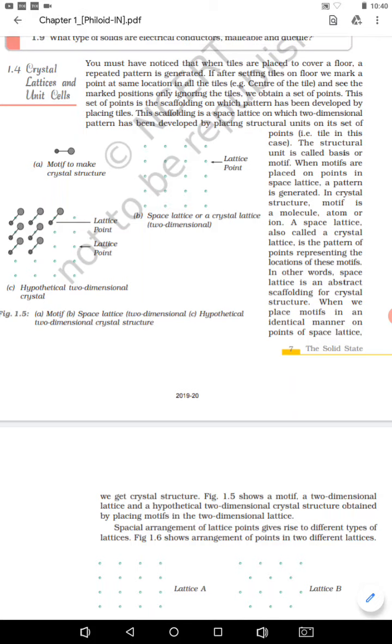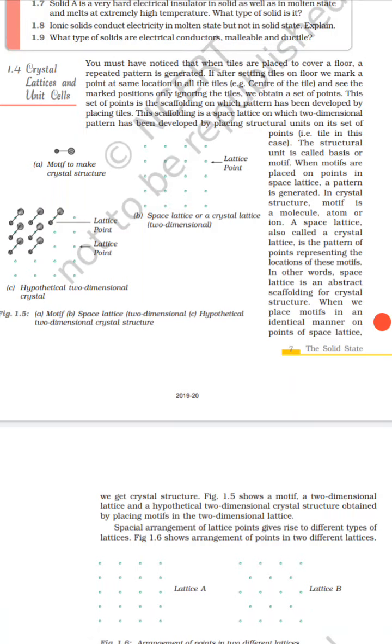These constituent particles can be either atoms, molecules, or ions. Constituent particles means those particles from which this crystal system has been formed.